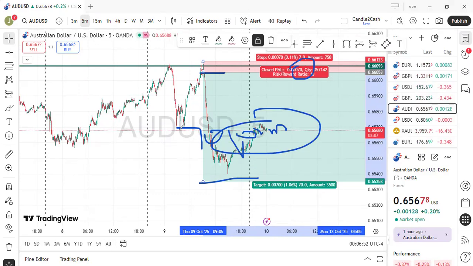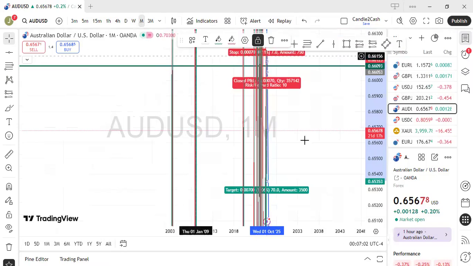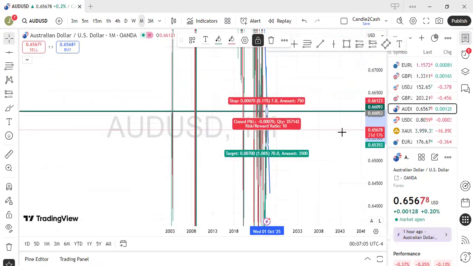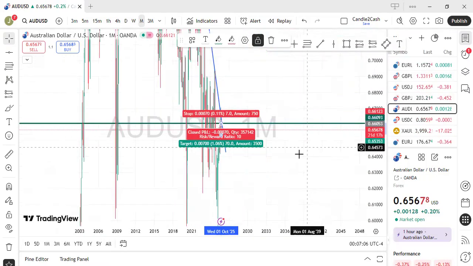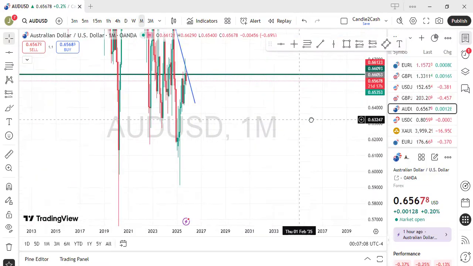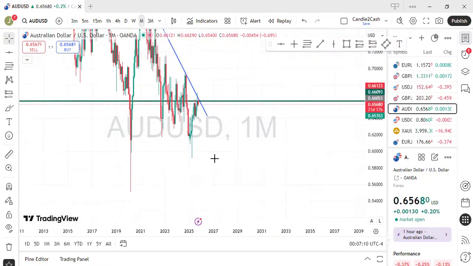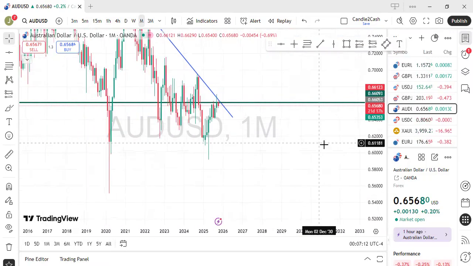And when we are growing, we are looking at, let's see what we are looking at overall from our weekly. Let's see what we are looking at. How many pips are we looking at?